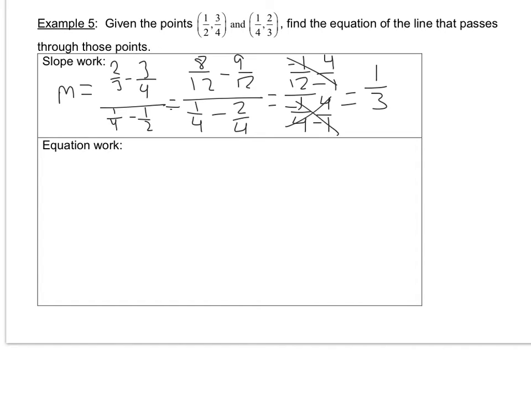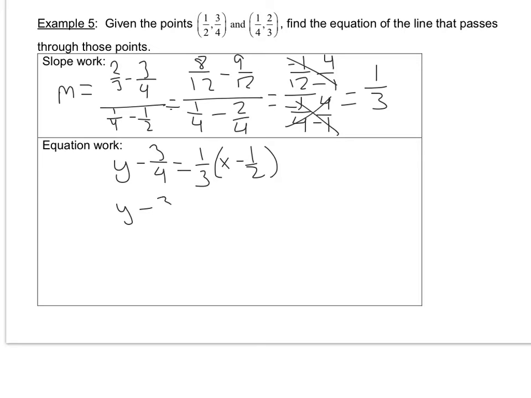Okay, so now we got to plug it into the point-slope form. So you go y minus, it doesn't matter which point you use, 3/4 equals 1/3 times x minus 1/2.